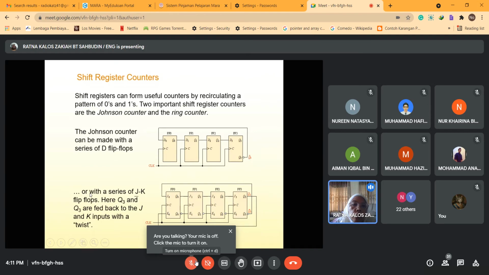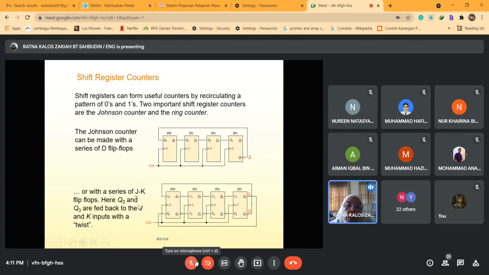Or with a series of JK flip-flops, you can also design this Johnson counter using JK flip-flops. So now at the bottom here, you can see the diagram. Using JK flip-flops, you have J0, K0, and then the last flip-flop here is J3 and K3.